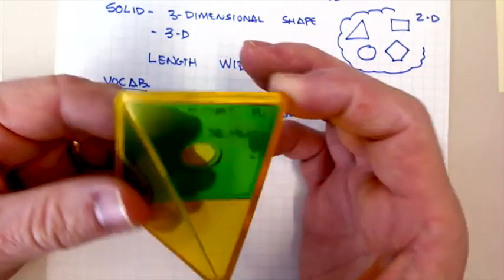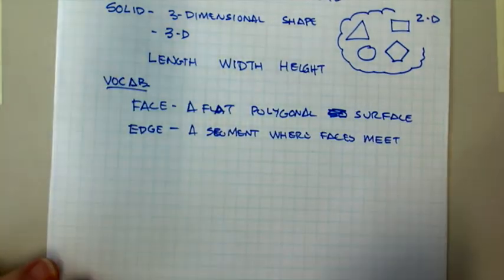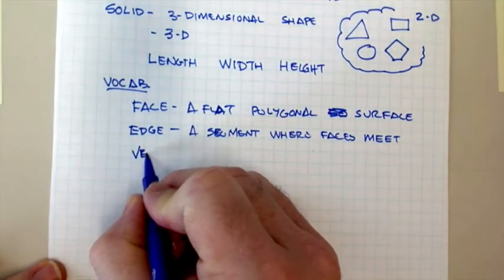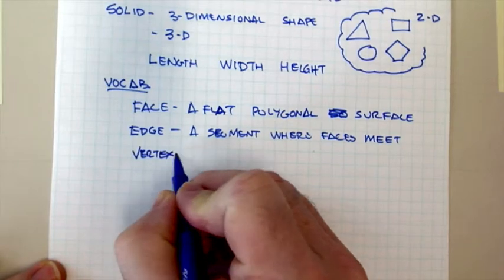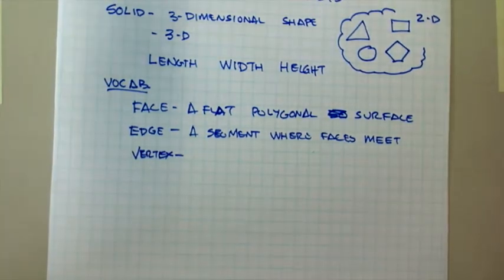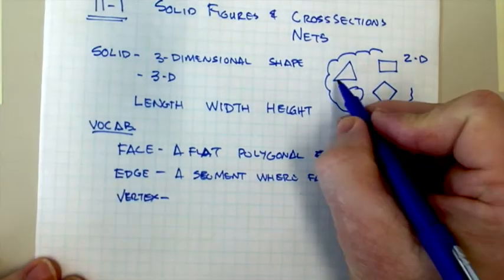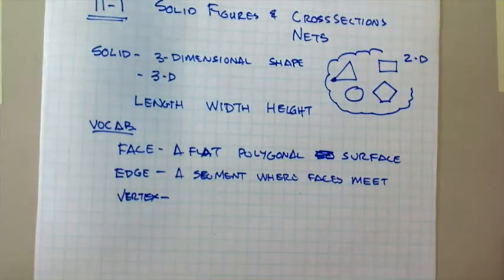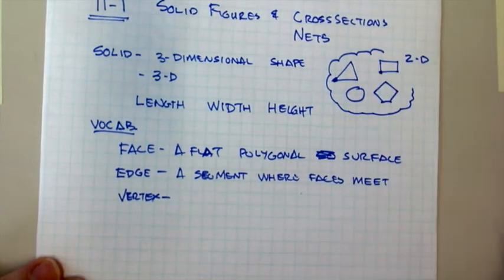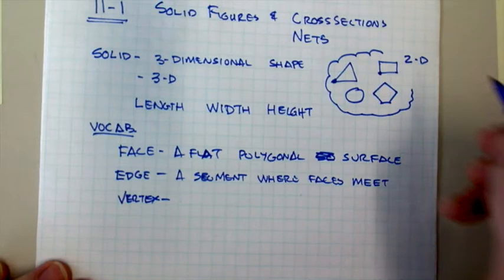Next term is a vertex. Yes, it's that same term we used when we said this is a vertex of that triangle, this is a vertex of the square or rectangle.